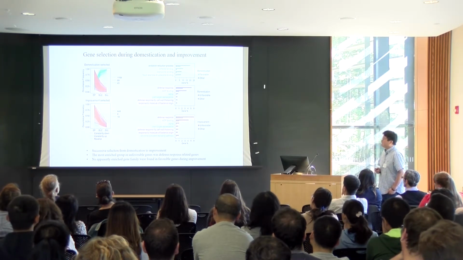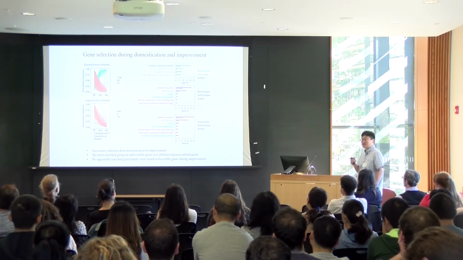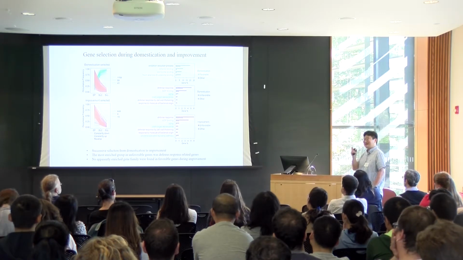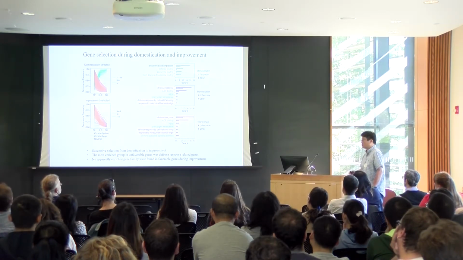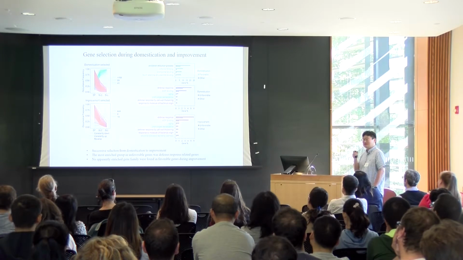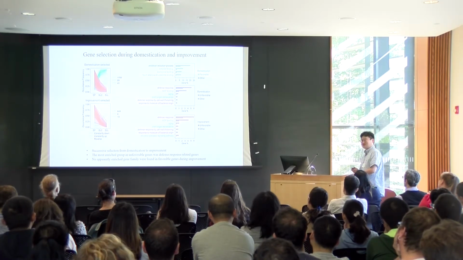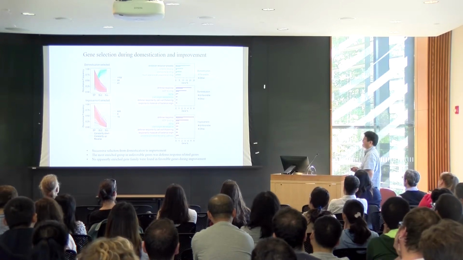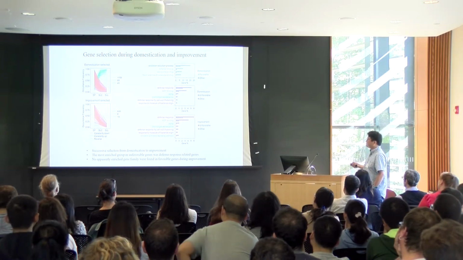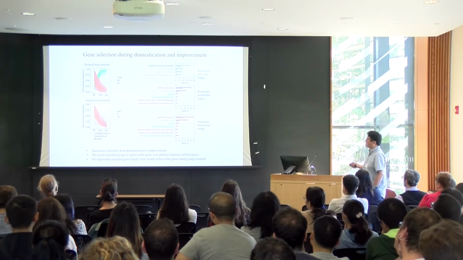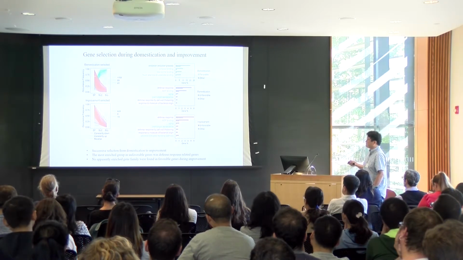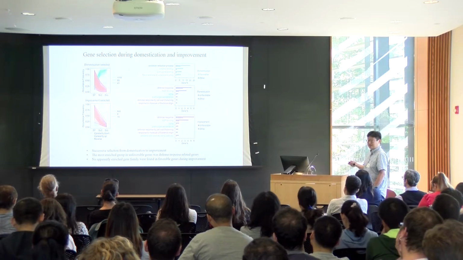Another interesting finding is that if a gene was selected against during domestication, it's also selected against during improvement. There's a continuous selection during breeding and improvement. The red genes mean continuous decrease, and the green mean continuous increase.